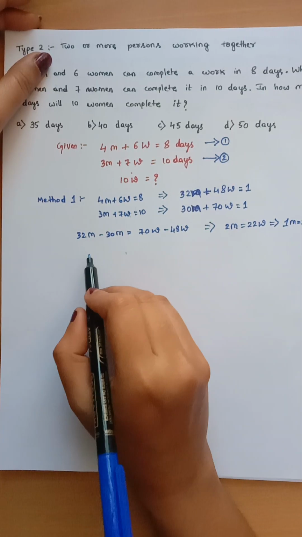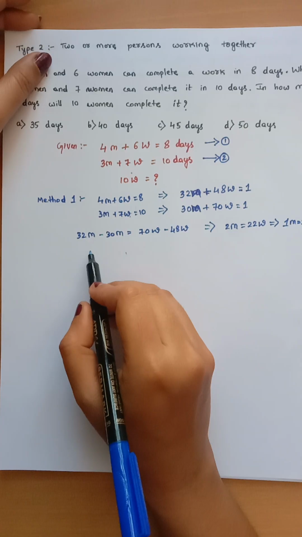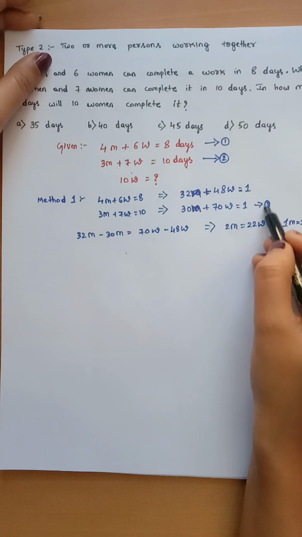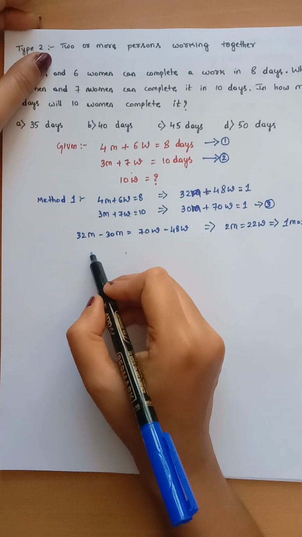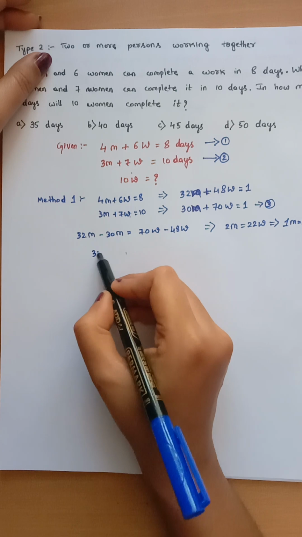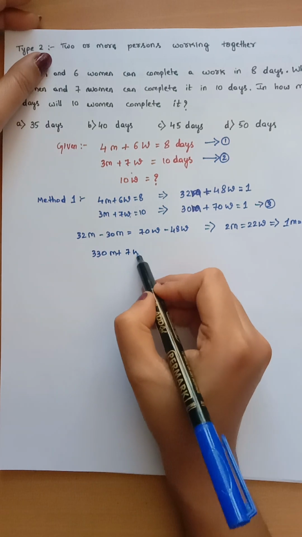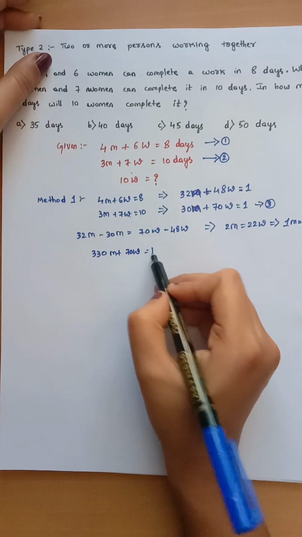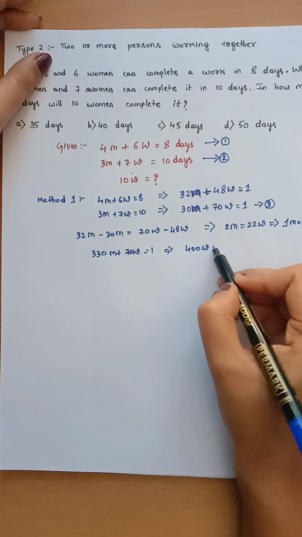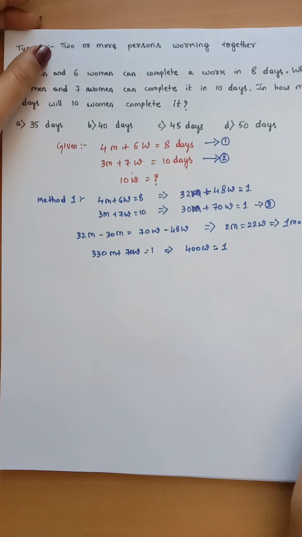Let's implement it in any one of the equations. Let's take this one. Replace men with women, that is 330 women plus 70 women equal to 1, which makes 400 women to complete 1 unit of work.